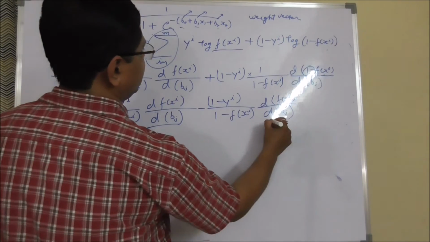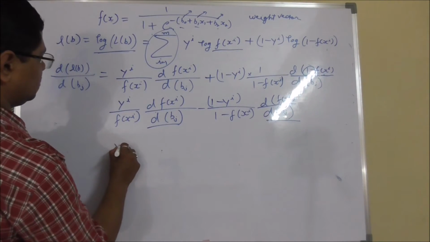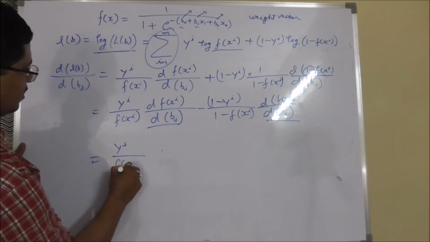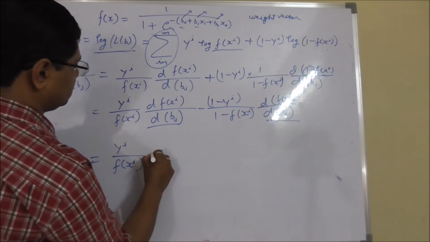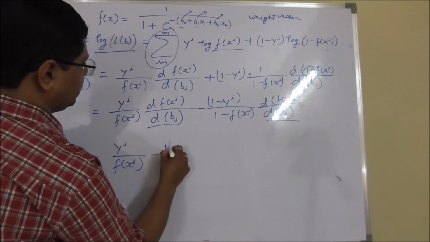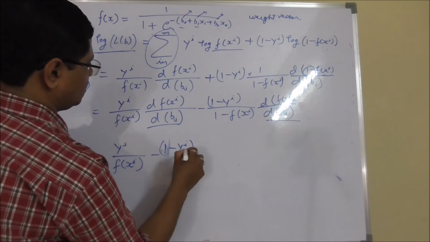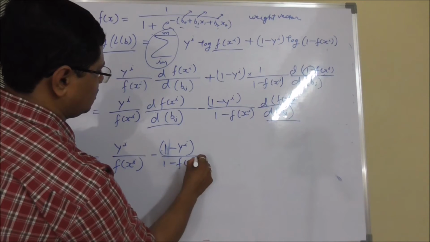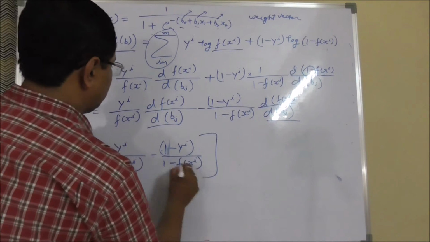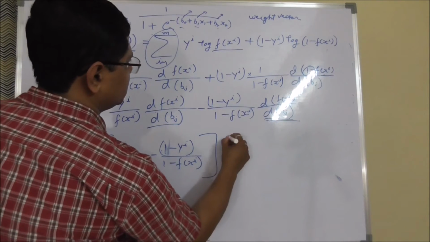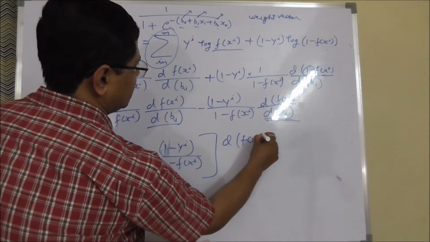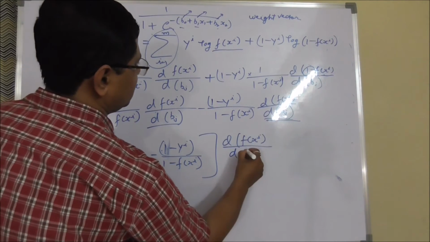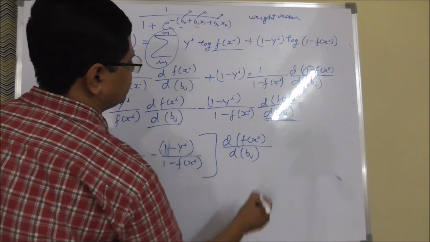Now we can take this part common, so our equation will be f(x(i)) minus 1 minus, and this part will be common, with the derivative of f(x(i)) with respect to bj.